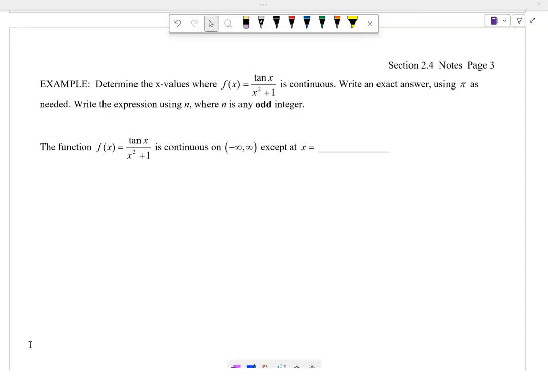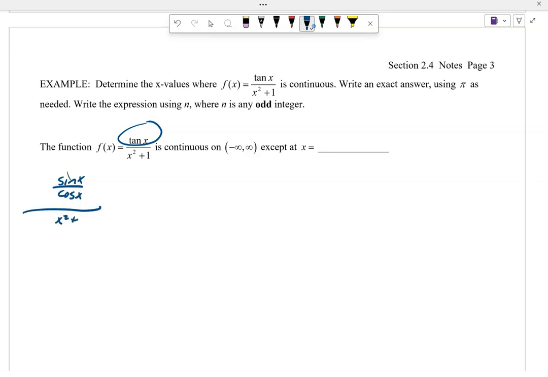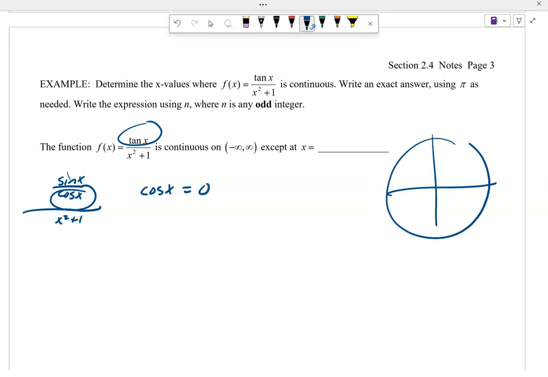But if I think about the tangent for a minute, the tangent is sine over cosine, right? Well, we still can't divide by 0, right? So anywhere where the cosine is 0, I'm going to have a problem, right? And so then I'm looking at my unit circle. Well, where's the cosine 0?